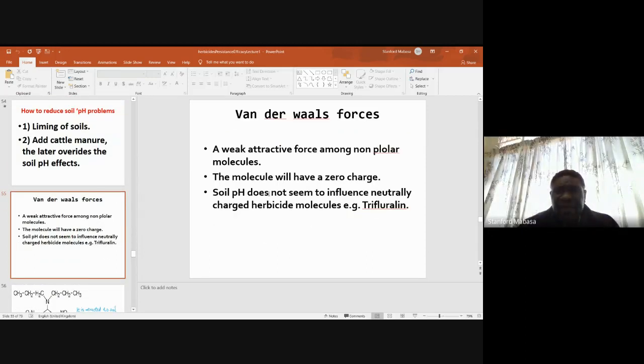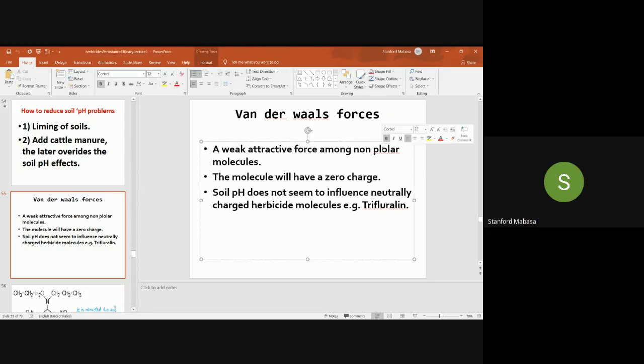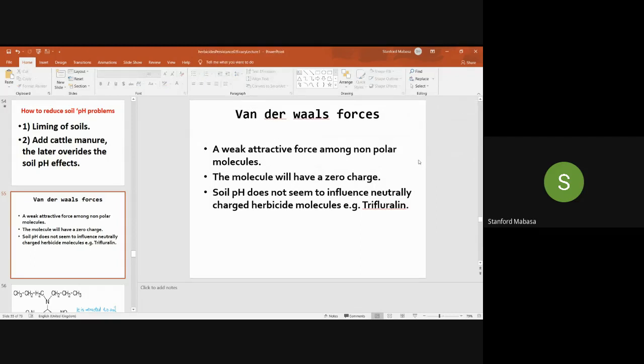Now, there are certain weak forces which can attract neutral molecules of herbicides. So a weak attractive force among non-polar herbicides. The molecule will have a zero charge if it is non-polar.